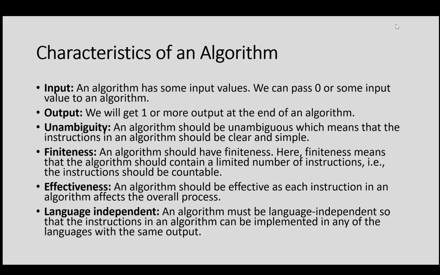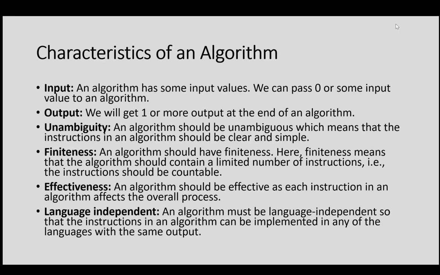The next characteristic of an algorithm is unambiguity. An algorithm should be unambiguous, which means the instructions in an algorithm should be clear and simple. Whenever I write an algorithm, it can be a flowchart or pseudocode. As I told, in pseudocode I won't be mentioning to use a for loop or a while loop.